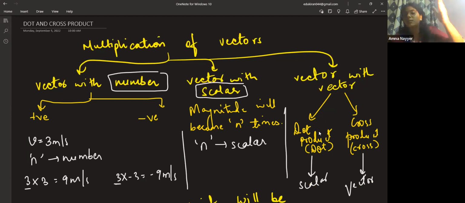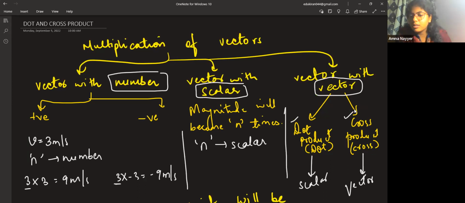When vector is multiplied with vector and gives you a scalar quantity. Fine. Cross product, when vector multiplied to vector gives you a vector quantity. Fine. So this is just an overview of when you have to mainly focus on vector multiplication. This is what is meant by dot product, this is what is meant by cross product.